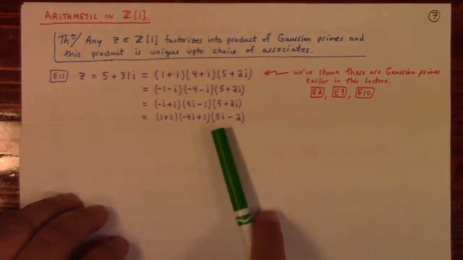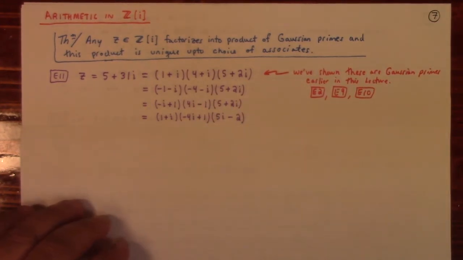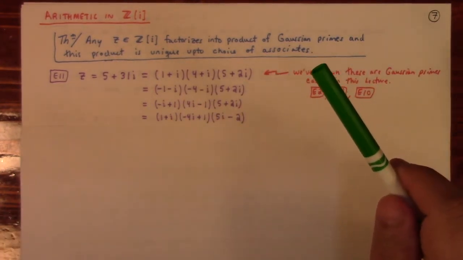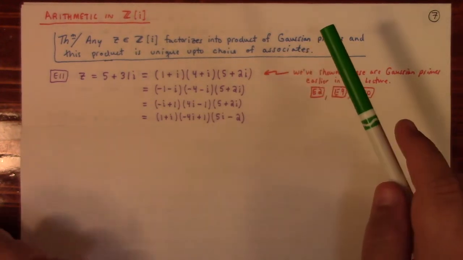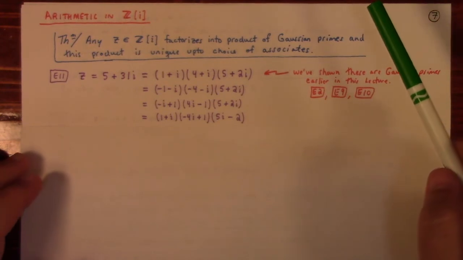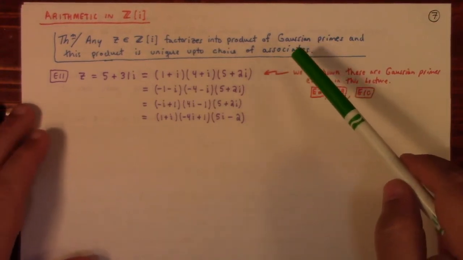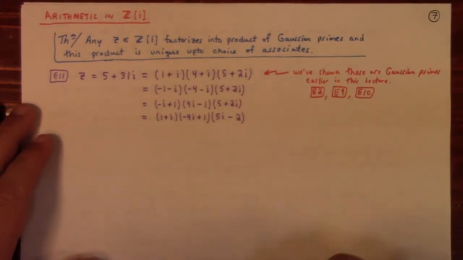So basically I'm just shoving in factors of 1, where 1 is either -1 times -1 or it's -i times i. And so the factorization into Gaussian primes is not unique, but it is close to unique. We just have this issue of multiplication by the units to contend with.